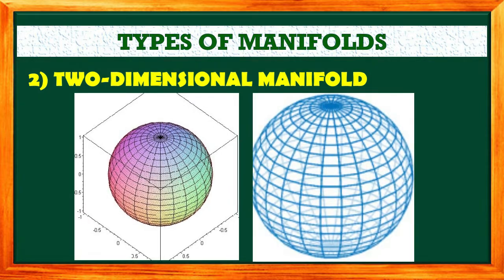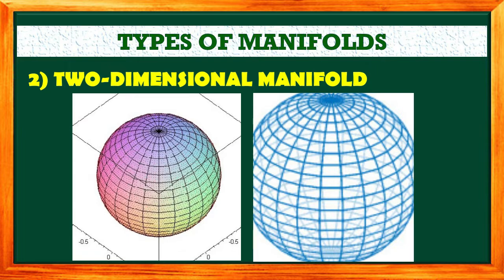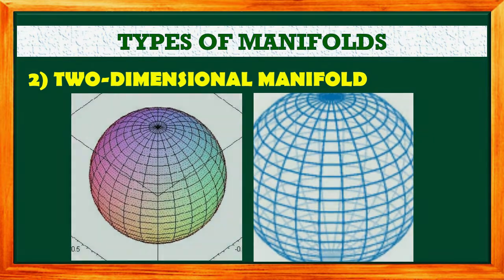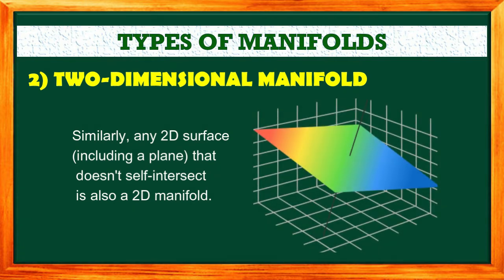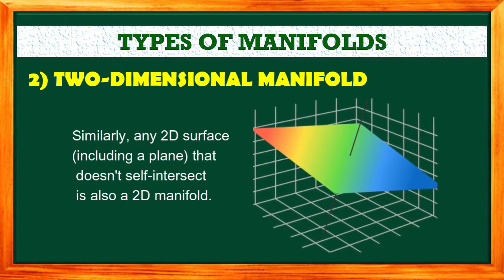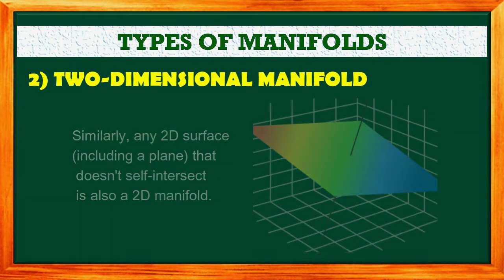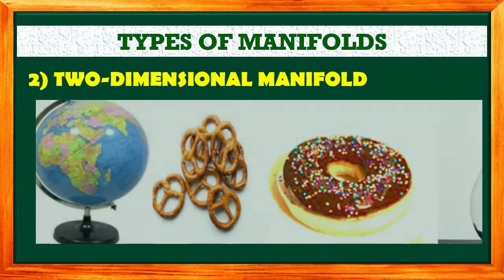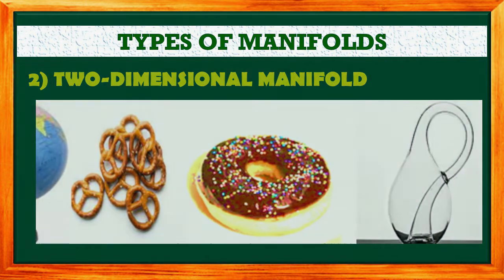You can imagine each infinitesimal patch of the sphere locally resembles a 2D Euclidean plane. Similarly, any 2D surface, including a plane, that doesn't self-intersect is also a 2D manifold. The following are real-life examples of 2D manifolds.